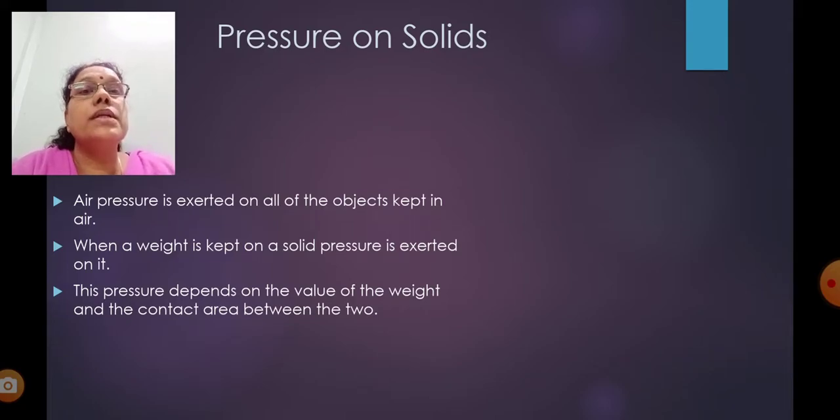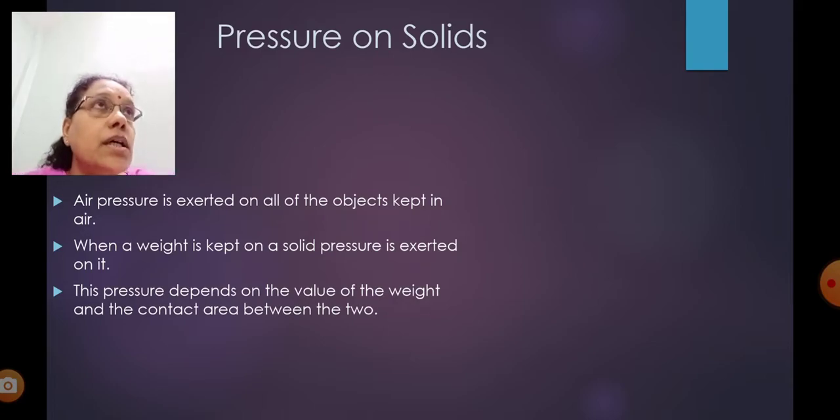Pressure on solids. Air pressure is exerted on all of the objects kept in air. When a weight is kept on a solid, pressure is exerted on it. This pressure depends on the value of the weight and the contact area between the two.